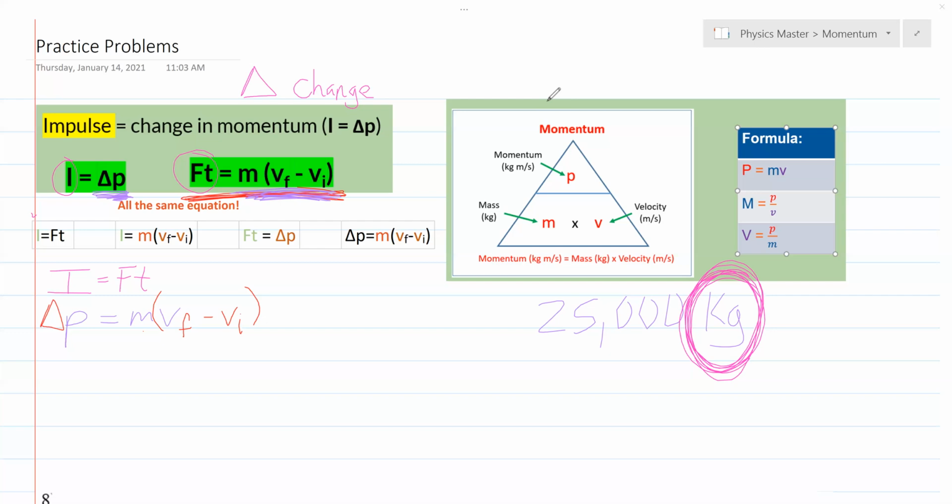Some of you guys are trusting your calculators, and chances are whatever you put in your calculator, it's gonna give you a number. It doesn't mean it's right. It will always give you a number unless you use double operations or something. So kg is always mass. What about ms?